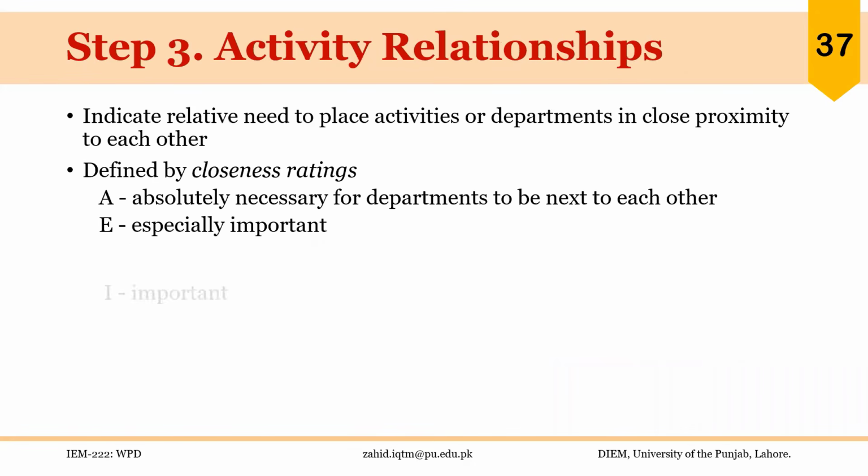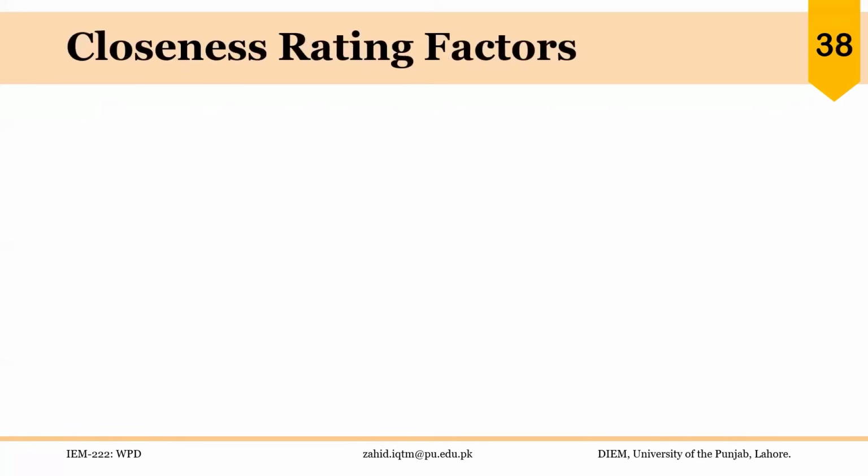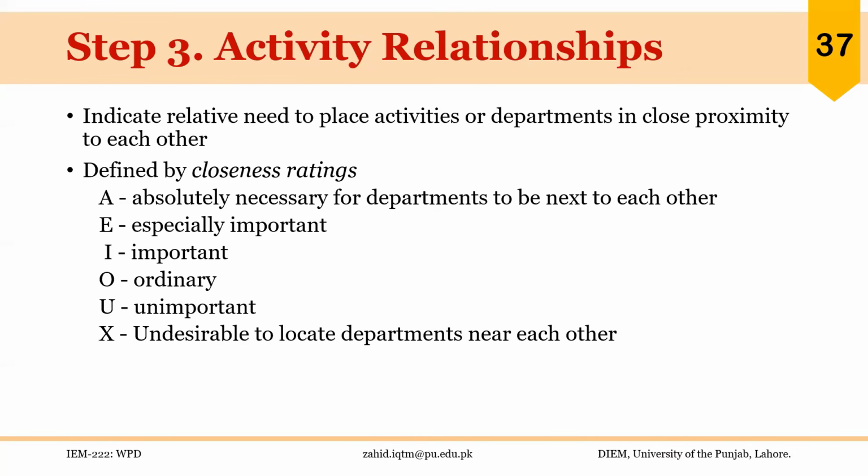Step number 3 is to define activity relationships. It indicates the relative need to place activities or departments in close proximity to each other. So how important is it that two departments should be close together? We assign a closeness rating, and you could use different scales for this.